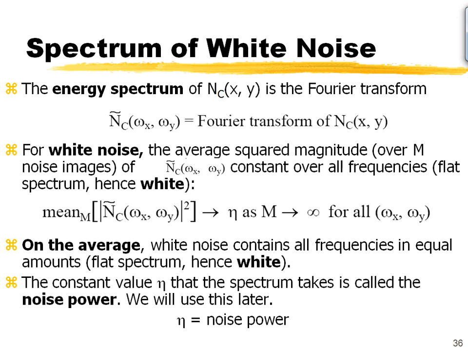Why is it that if the noise has this specification in the image, then in the Fourier domain we reach this conclusion? Very good. So let's think of an ergodic zero mean noise signal.